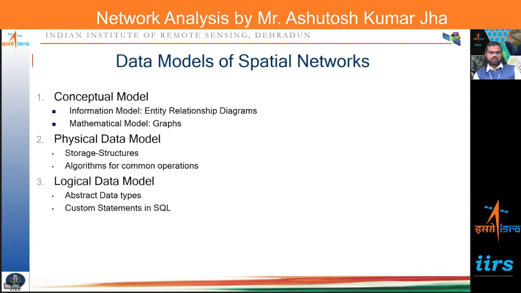Then models that we can store in some kind of data storage, server or databases, so that we can carry out all those operations which we need. To build these conceptual or physical models, there are always logical data models. It helps us to build such networks.